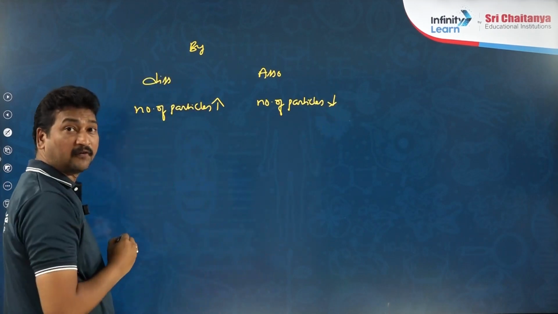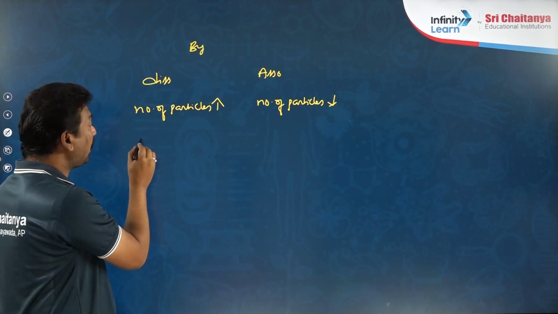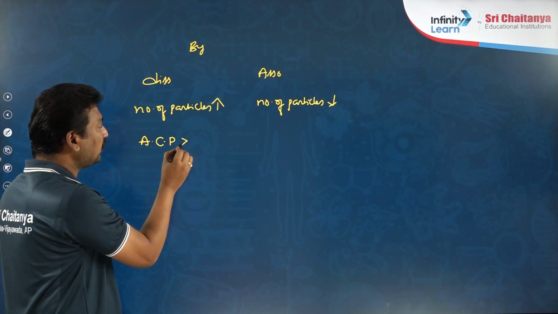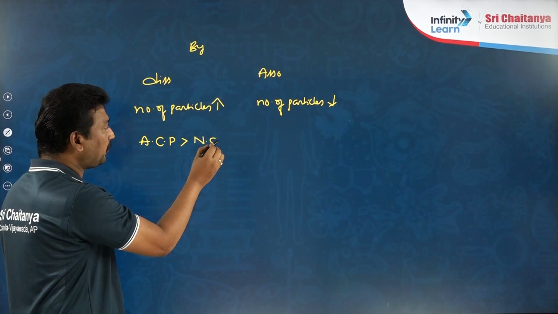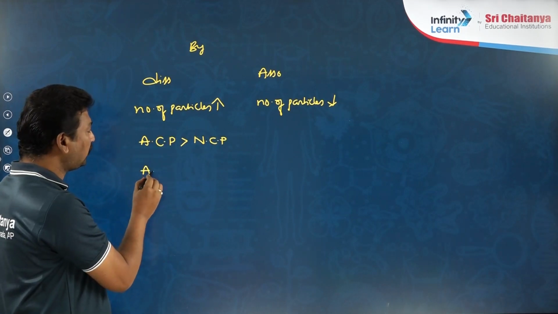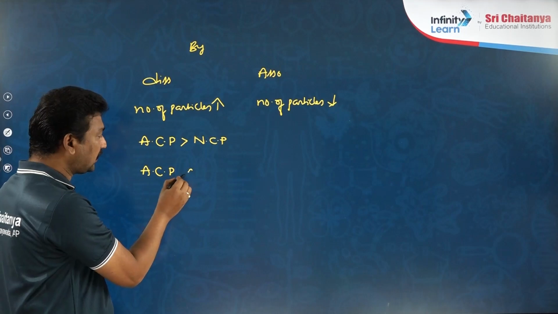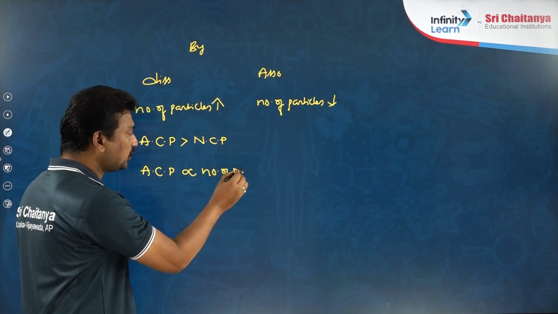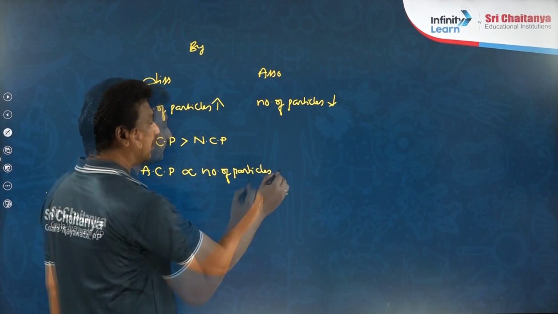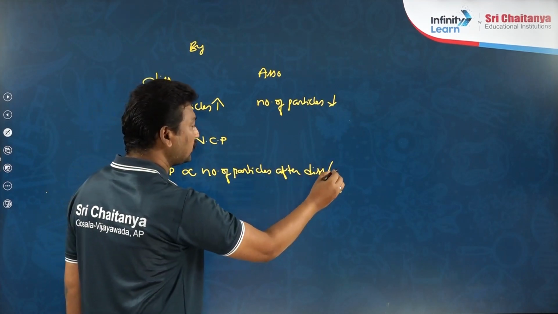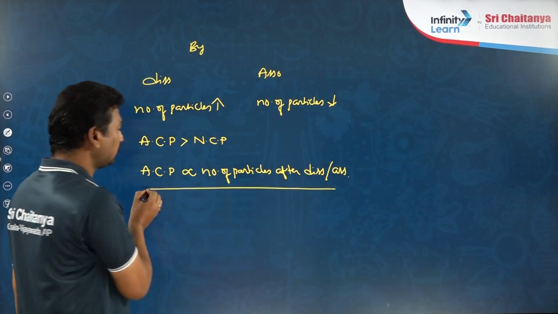So whenever the number of particles increases, the abnormal value of the colligative property shall dominate over the normal value. Why? Because the abnormal value of the colligative property is directly proportional to the number of particles of the solute after dissociation or association.